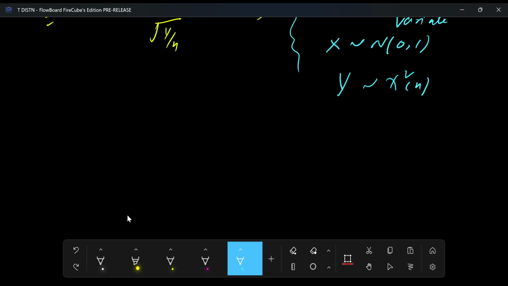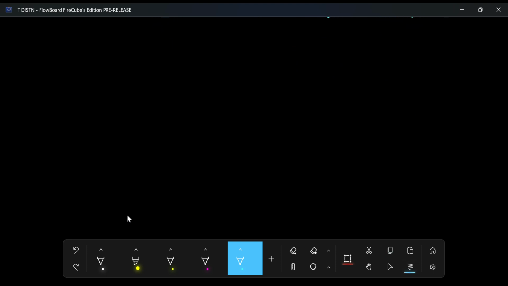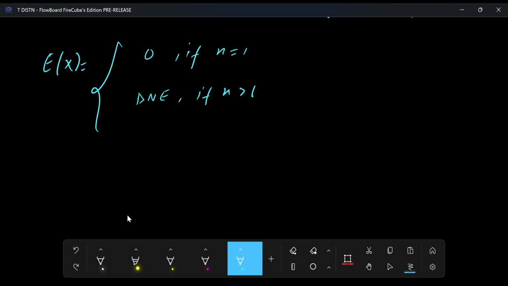So let's see the expectation of this. Say expectation of x will be 0 if n is greater than 1.